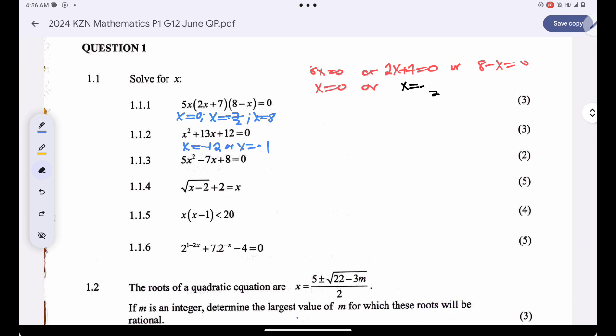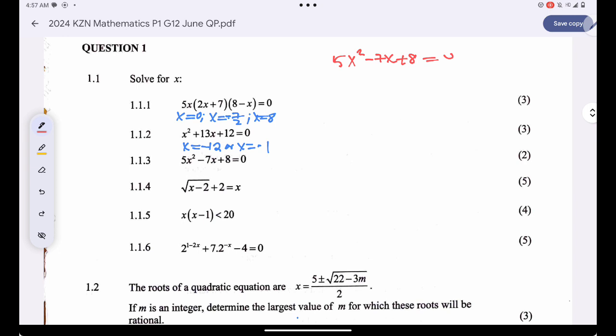Now 1.3. We are given 5x² - 7x + 8. There are no factors that when you add will give us 8, right?